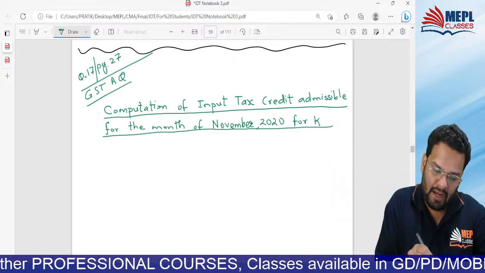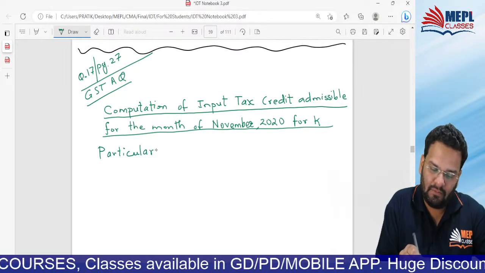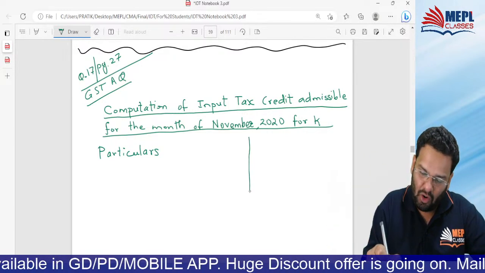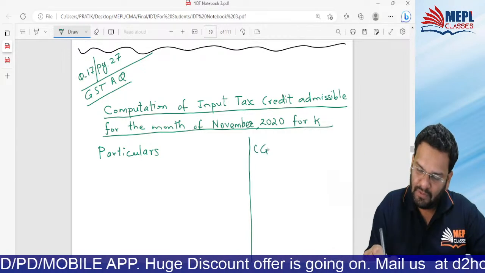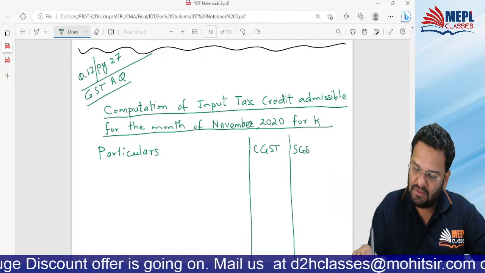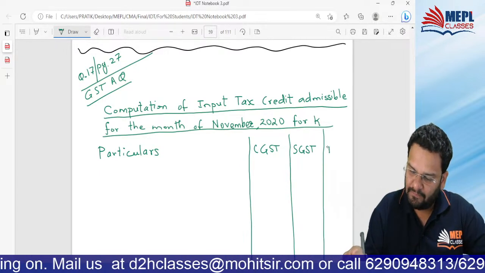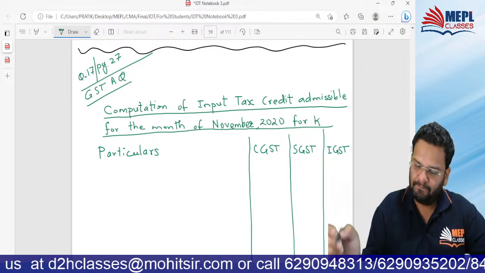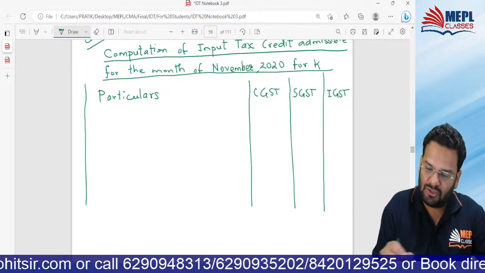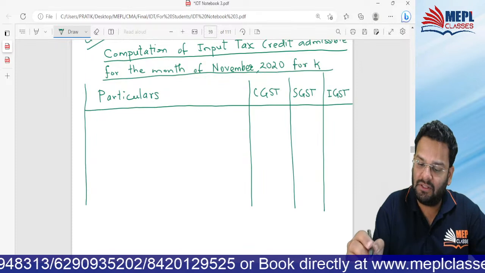Particulars, and obviously you have CGST, SGST, IGST, all the balances. CGST, SGST, and of course IGST. Okay. Starts with, never forget, all figures in rupees.